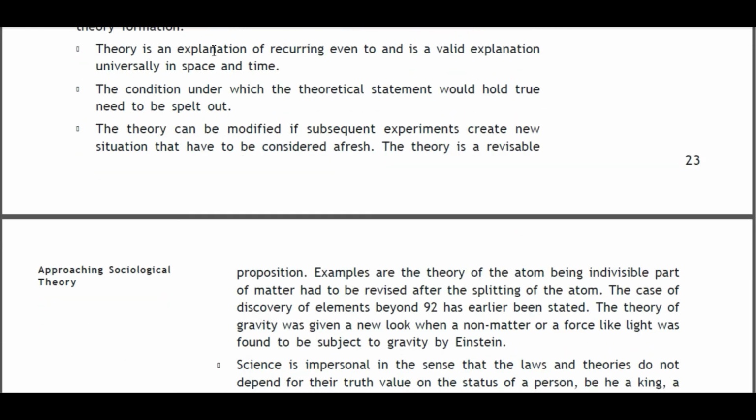Theory is an explanation of a recurring event and is a valid explanation universally in space and time. The conditions under which the theoretical statement would hold true need to be spelled out. The theory can be modified if subsequent experiments create new situations that have to be considered afresh. The theory is a revisable proposition.